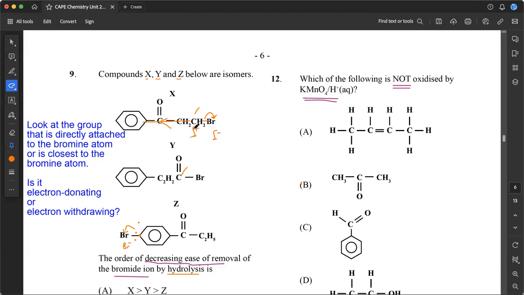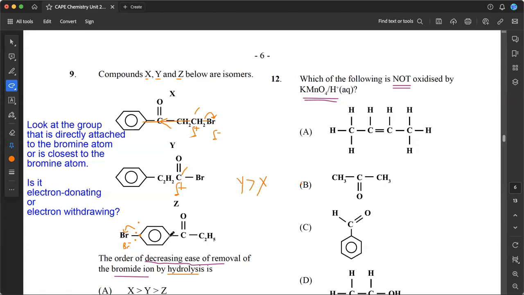There are no other groups on it to shield the bromine from whatever the charge differential will be. But in this case, there's nothing in between. So the bromine is directly attached to this withdrawing group. So there's going to be a strong positive charge here, right? So it would be easier to remove it from this than it would be from here. And so we'll say Y would be easier to remove from than X.